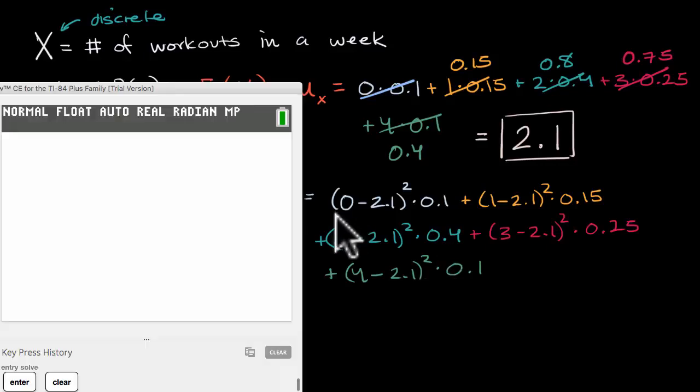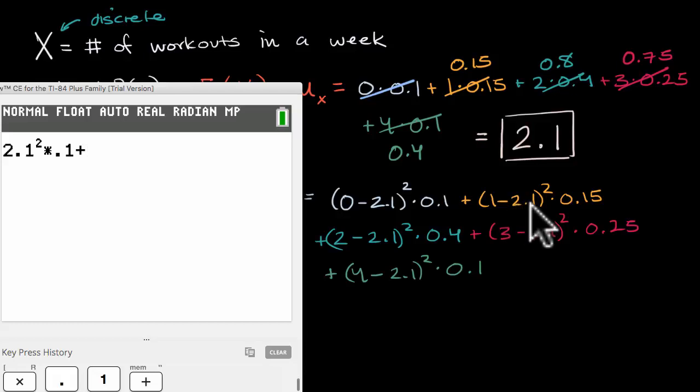So this is going to be negative 2.1 squared, which is just 2.1 squared. So I'll just write this as 2.1 squared times 0.1. That's the first term. And then we're going to have plus 1 minus 2.1 is negative 1.1. And then we're going to square that. So that's just going to be the same thing as 1.1 squared, which is 1.21, but I'll just write it out. 1.1 squared times 0.15.